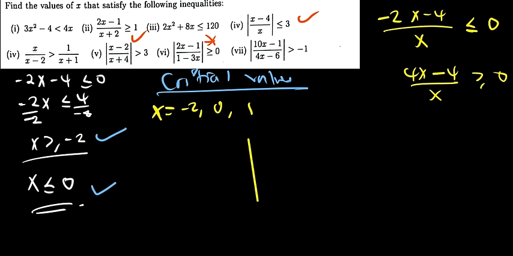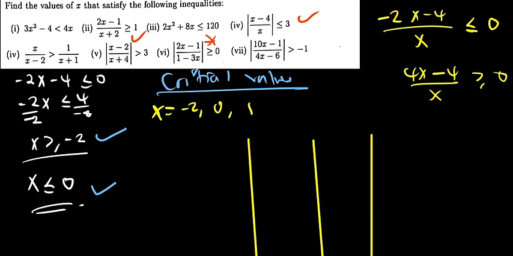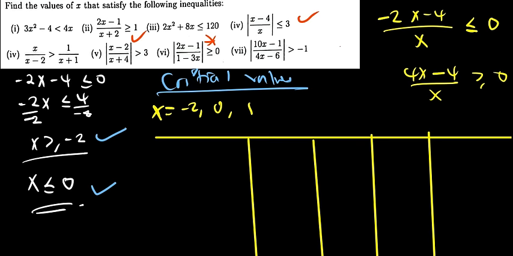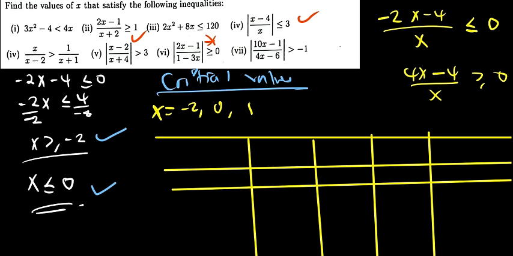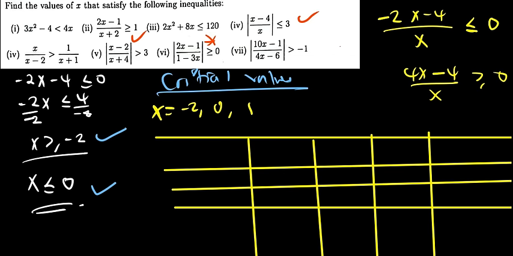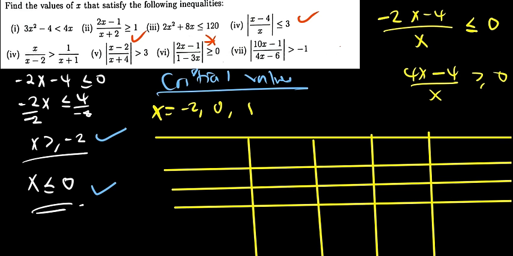So my table now will be like this. I'm going to put 4 values. Since x is equal to 0 is the same, but the x has to appear here twice. So the first one which we have, I'm going to get just the top part the way it is, negative 2x minus 4.